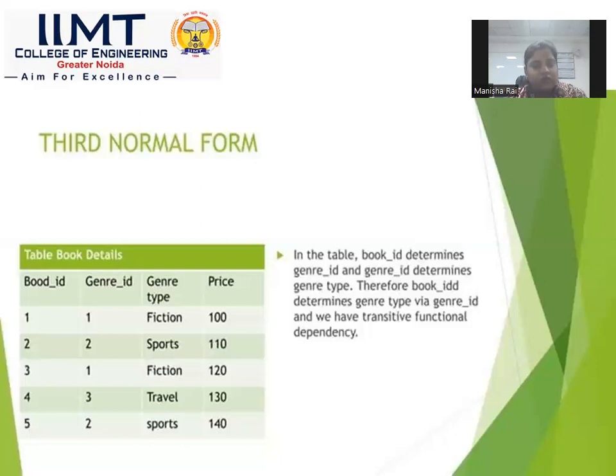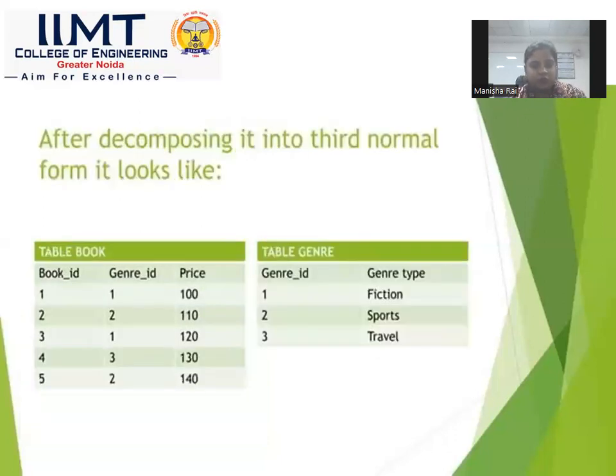So how will we access the journal type? To access the journal type, first of all, we have to start with the book ID. It will take us towards the journal ID, and from the journal ID we will lead towards the journal type. We do not have any direct path from book ID to journal type. It shows the condition of transitive functional dependency. To overcome this problem, what can we do? Again, decompose the table into two different parts.